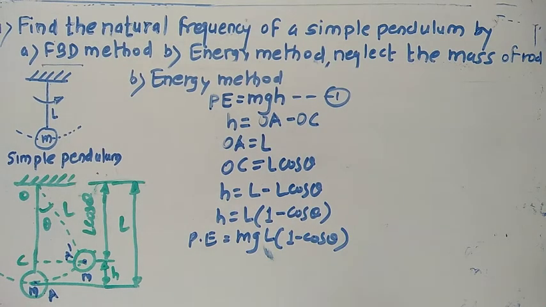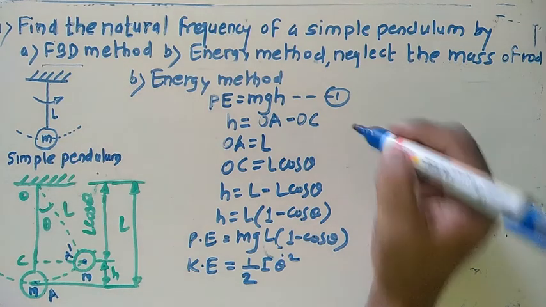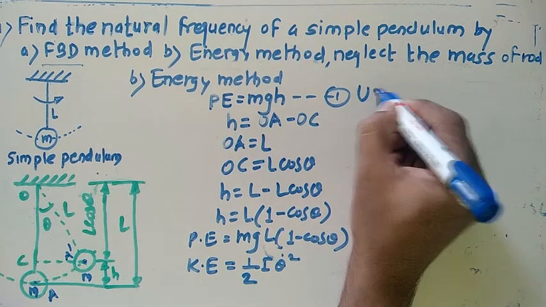Now get the kinetic energy. The kinetic energy is one half I theta dot squared. Once we get the kinetic energy and potential energy, we can easily get the value for total energy.